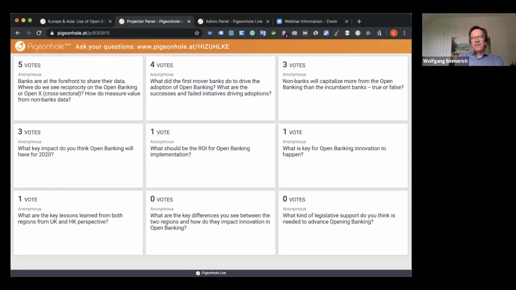So the successes will actually come out of relatively nimble organizations who can innovate reasonably quickly. And I don't think the successes will come broadly, there may of course be exceptions, out of large banks that had to implement PSD2.